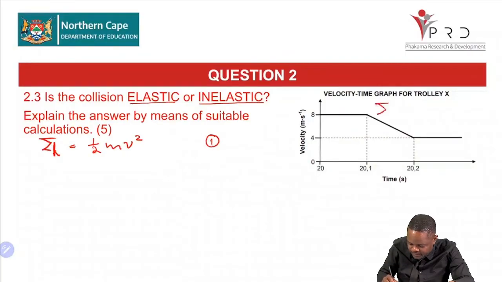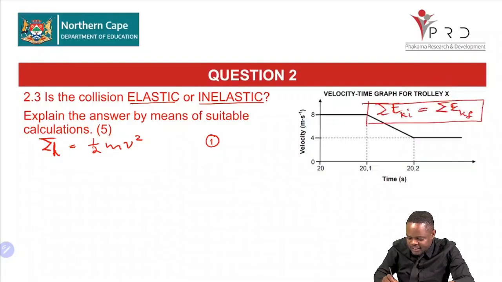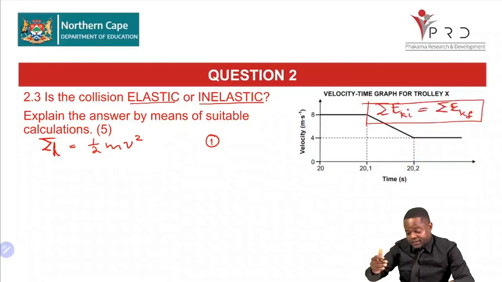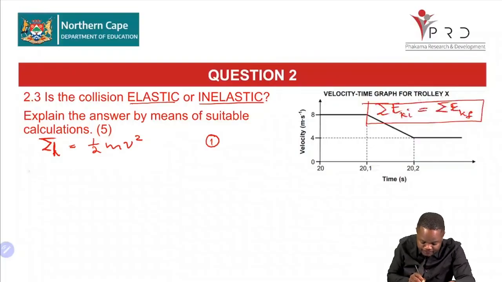The sum of our initial kinetic energy, which I'll call EKI, isn't it? It should be equal to the sum of what? Of the final kinetic energies, grade 12. If this is satisfied, then we know that the collision is elastic. If they are not equal, then the collision is inelastic. Are you getting the direction? So let's start by calculating our what?